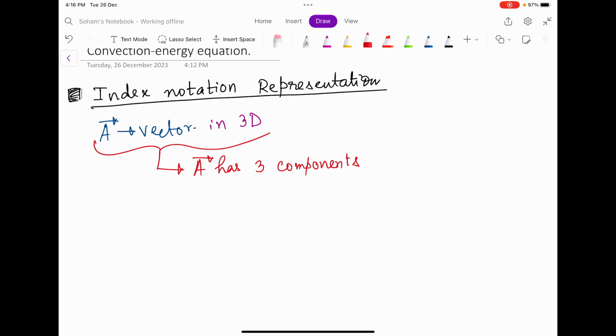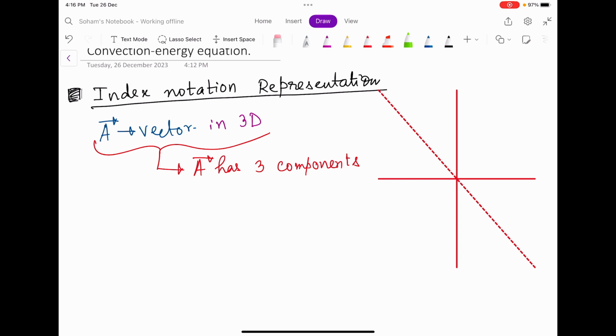If I draw the coordinate system like this, this will be my i cap, this will be my, let us say, j cap, and I'm not satisfied with the coordinate axis, so I'll create my own k cap.